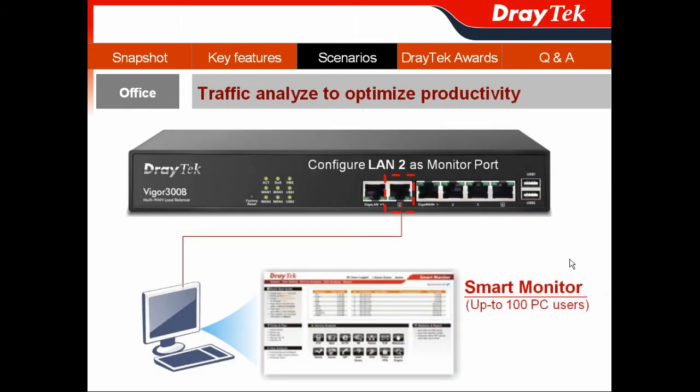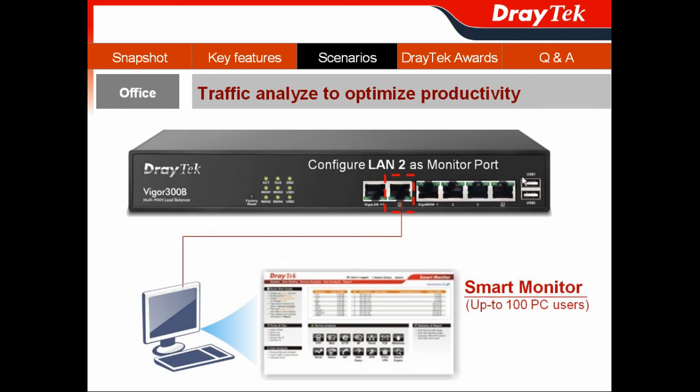After isolating your different workgroups, you still want to monitor what your employees are doing during their working hours. So, Vigor300B supports Smart Monitor to do the traffic analysis to optimize your employees' productivity.